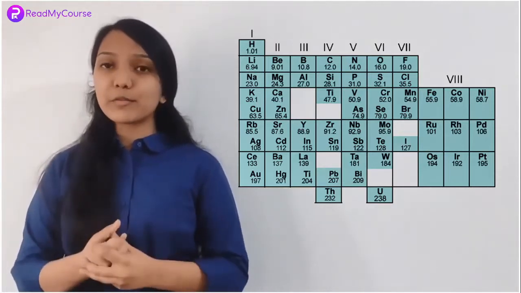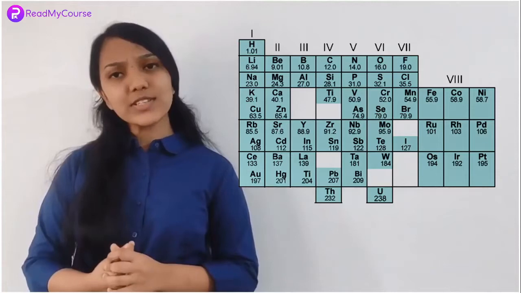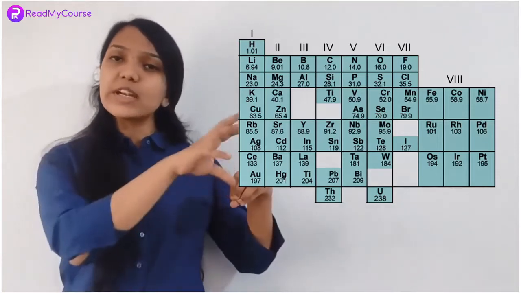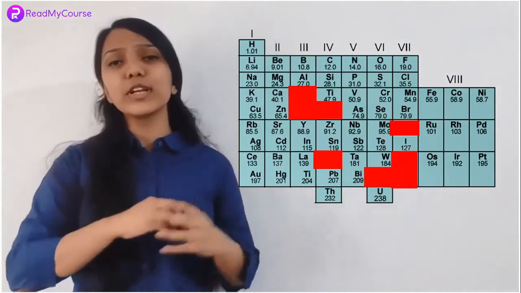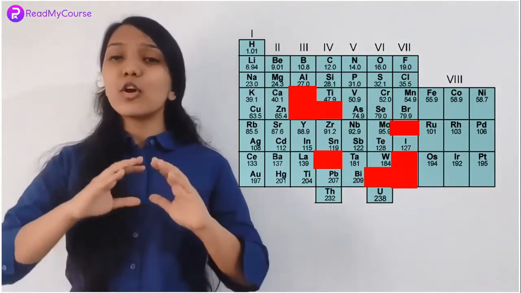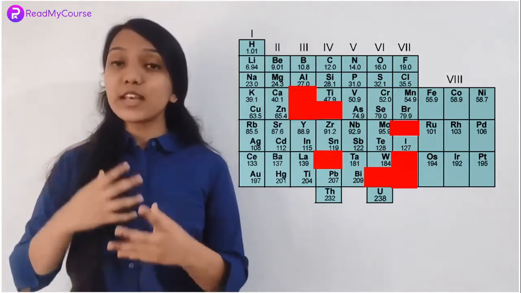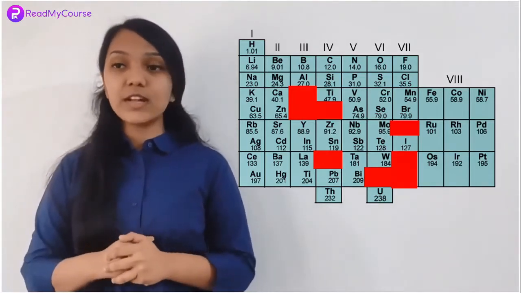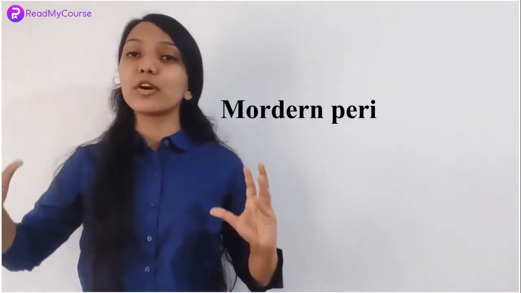While filling in the periodic table, he noticed a few places where he left gaps, because there were elements missing. He said that not all the elements present in nature had been discovered yet. This gave rise to a lot of discoveries as well, and it is the main thing that gave rise to the modern periodic table.